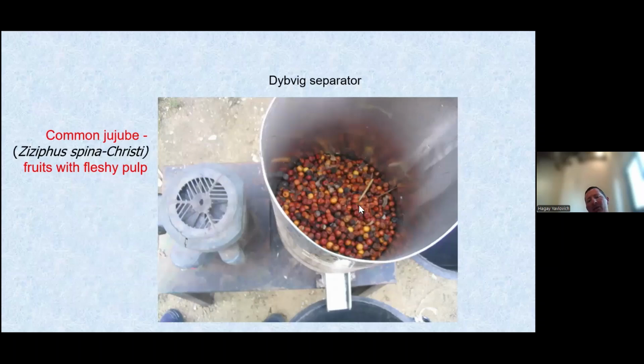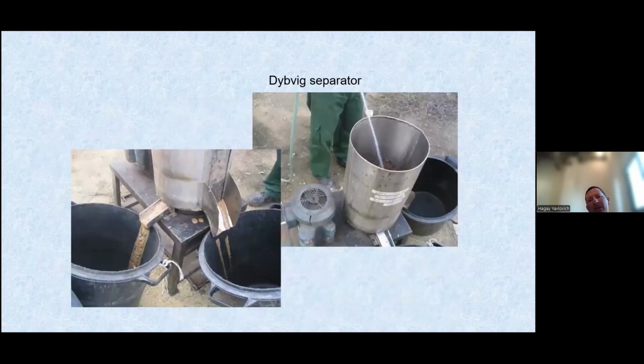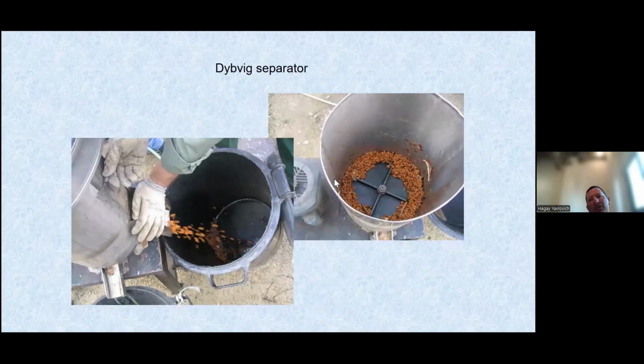Here you see all the fruit is just sitting on the plate, and in the upper side of the plate you have a tunnel that all the fleshy part of the fruit can go out. So eventually, here you can see the plate.